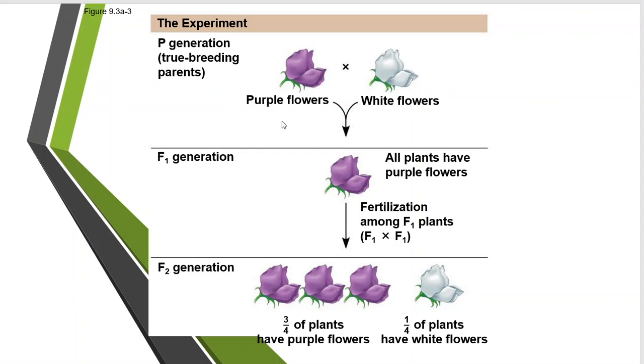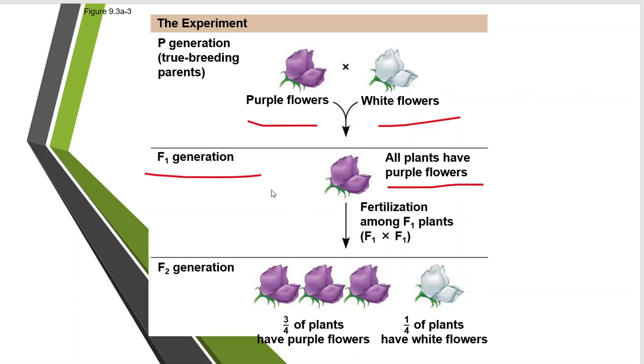Well, yeah, I think he had red flowers, but we'll go with this. So you have a purple flower and a white flower, and you take these two plants and you cross-pollinate them. In the first generation, all the plants that grow from this cross-pollination will have purple flowers.